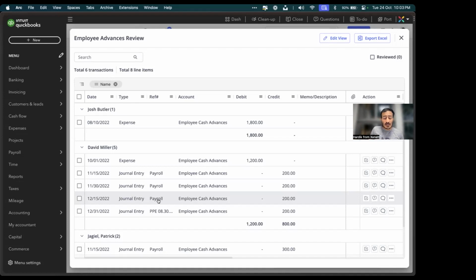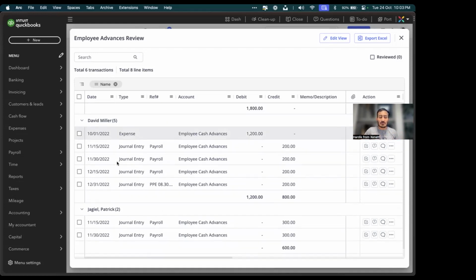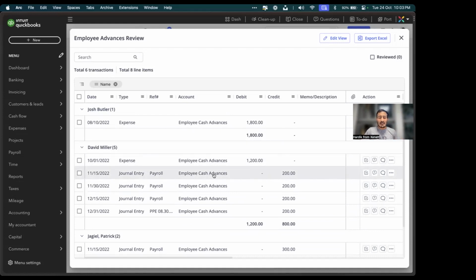What we follow is that for every single transaction, whenever we give the advance, or whenever we deduct the advance, meaning we receive it back, we make sure to assign the employee name to every single transaction. And then we simply group it by the employee. So this is pretty clear to me right now: this is David Miller.